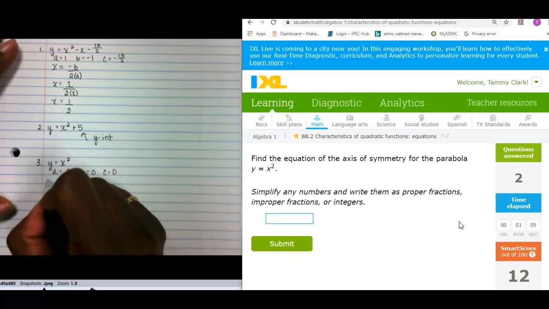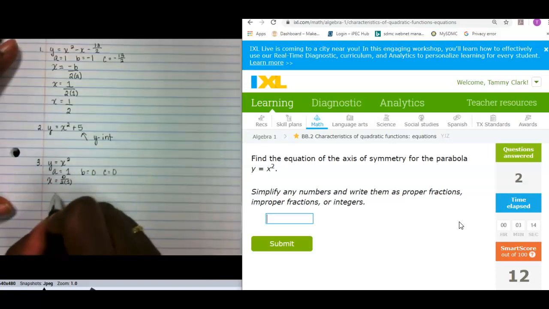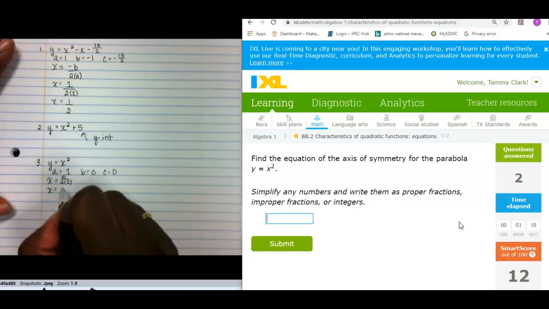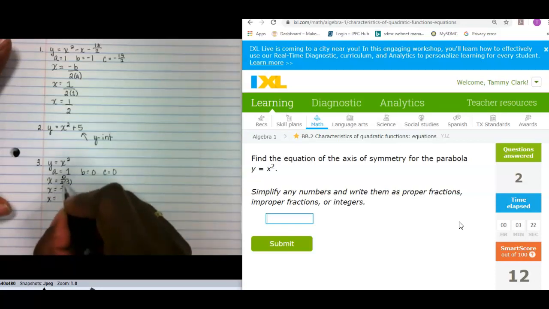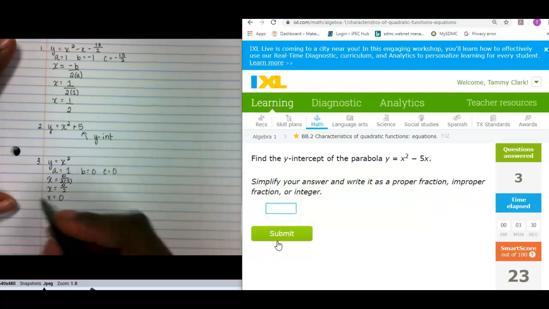So we've got x is equal to the opposite of the b term, opposite of 0 is 0, divided by 2 times the a term, which is 2. So x is equal to 0 over 2, and any number divided into 0 is just 0. So we should write x equals 0 because this is an equation. Won't make that mistake again.